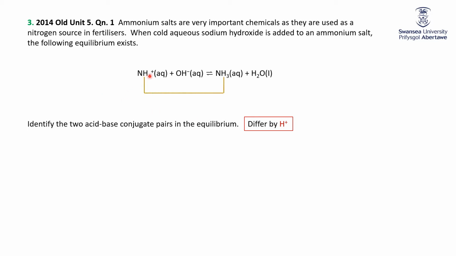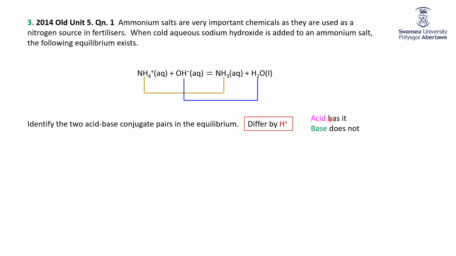So if we start with NH4+ and we match it up, there's an N, there's 3 hydrogens, so the difference between them is NH4+ has lost an H+ to go to NH3, thus remaining behind, the OH- is going to be gaining an H+ to become H2O, but again differs by H+.